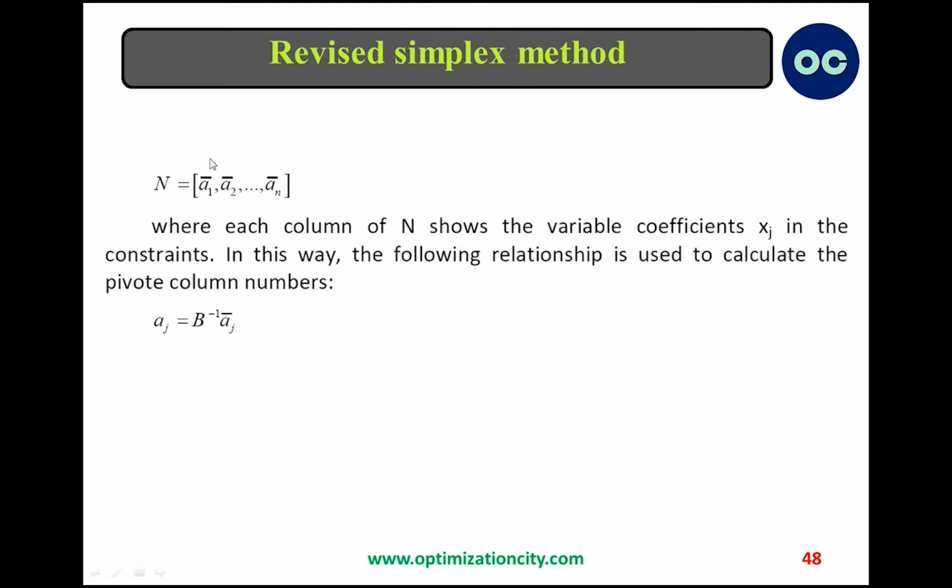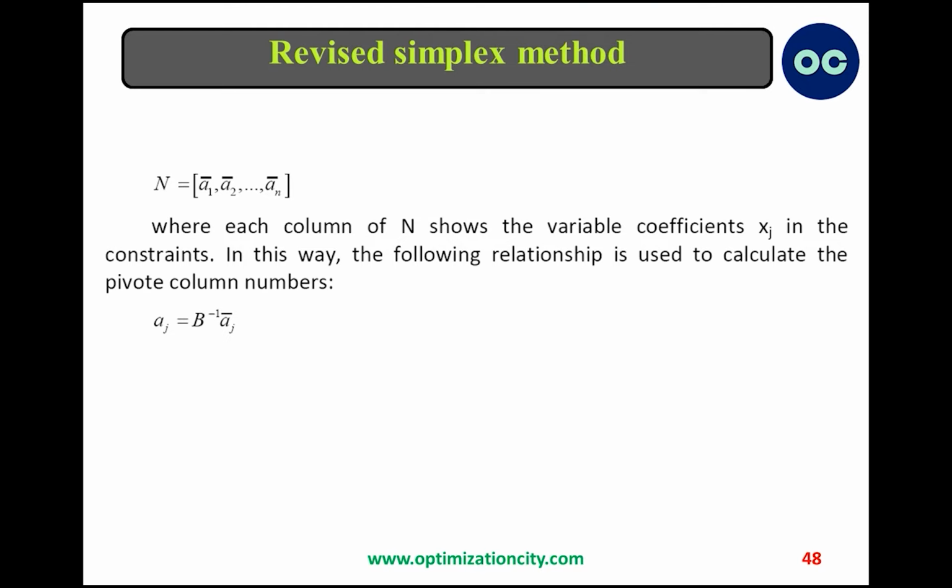Each column of N displays the coefficients of the non-basic variable in the constraint. As a result, you can use the following relationship to determine the pivot column. So this is the column of the non-basic variable for a particular table in the simplex method.